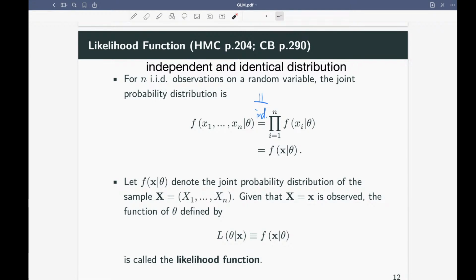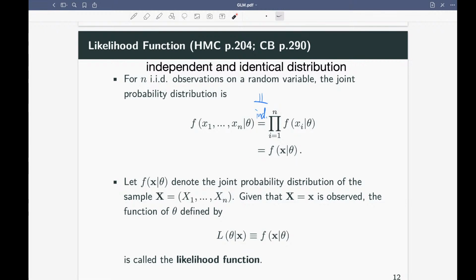And we have the joint probability distribution, given capital X equal to small x. We define the likelihood function of theta as equivalent to the joint probability distribution.